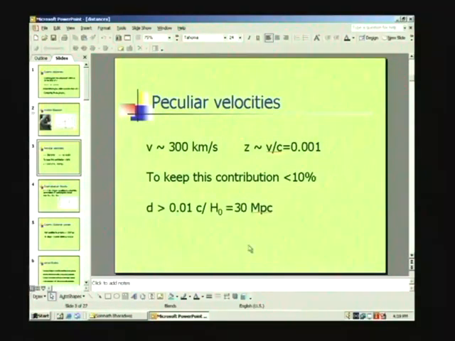Further, I explained why it is necessary to go to a reasonably large distance. At very small distances, you are going to have large uncertainties due to the peculiar velocity. So, it is necessary to go to redshifts of more than 0.01.